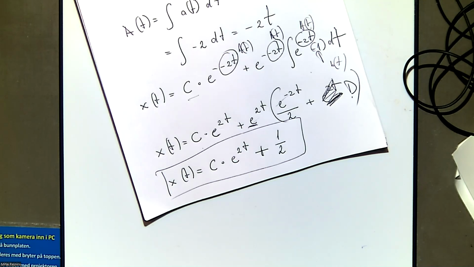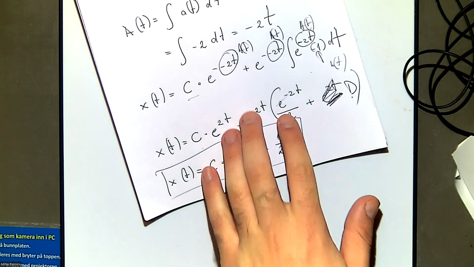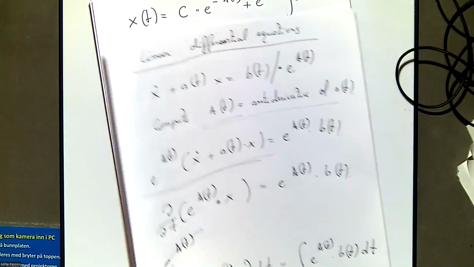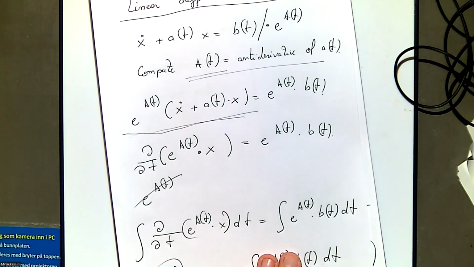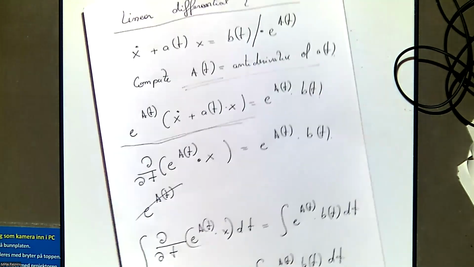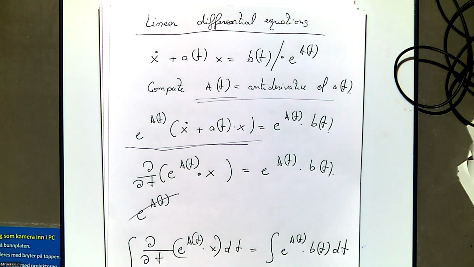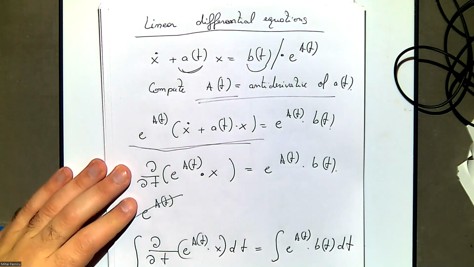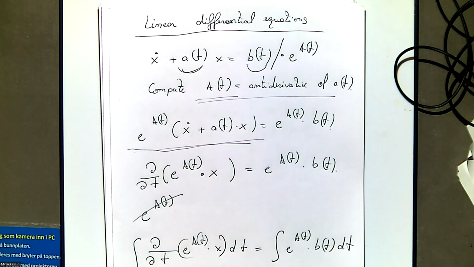Could you go back to the last page and just go through what A of t and B of t are again, and what we're trying to find? The first step when you see a linear differential equation is recognizing that it's a linear differential equation. Then the next step is to identify what is a of t and b of t, pinpoint what they are.